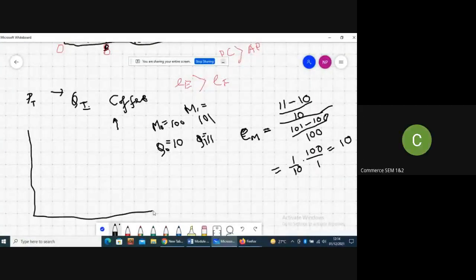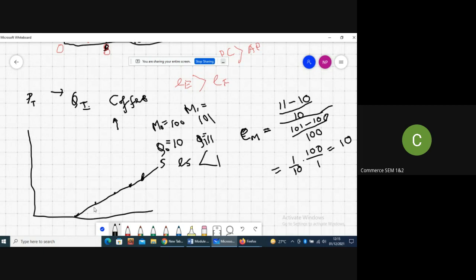Any straight line supply curve which starts from the horizontal axis, at any point on this upward sloping supply curve, the value of elasticity of supply will be less than 1.